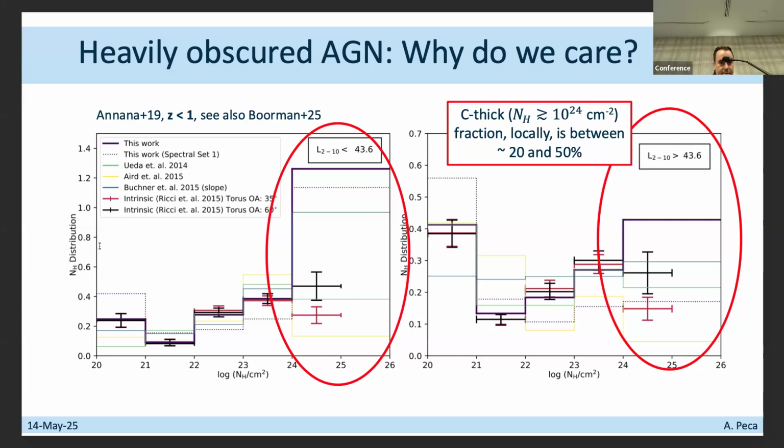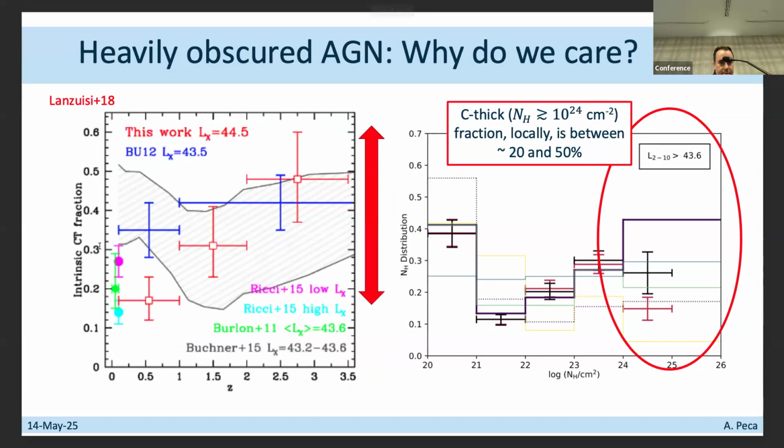So we need to do better for this class of AGN. And again, that work was in the local universe; if we try to trace the obscured fraction of Compton-thick sources up to high redshift, you can see that we get discrepancies that are almost as large as the entire plots.